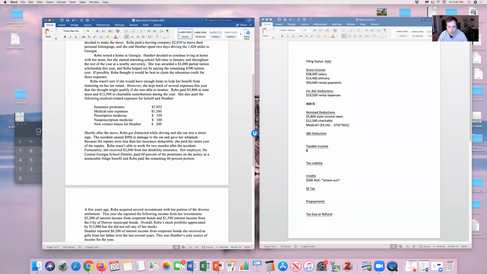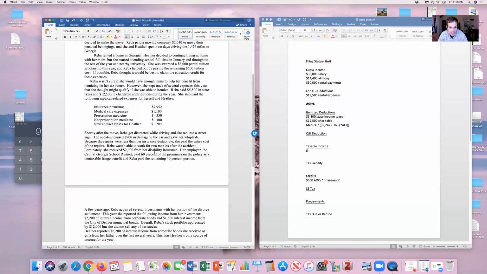Reba wasn't able to work for 2 months after the accident, but she got $2,000 from her disability insurance. This is more of a Chapter 5 issue, so don't worry about it for this exam. Hopefully you remember this: her employer paid 60% of the premiums on the policy, and she paid the other 40%. Disability insurance benefits are income to the extent that your employer paid for them.